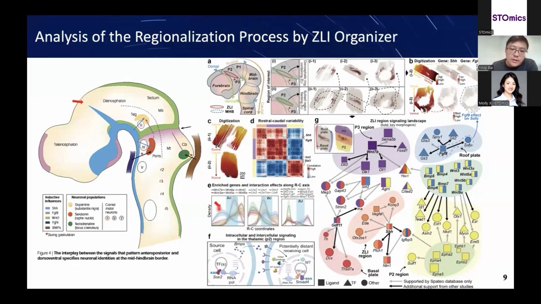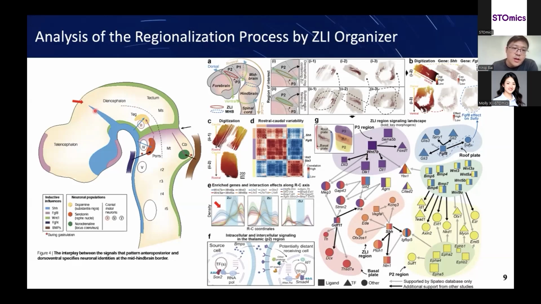So we use the cell-cell interaction to study Wnt7b and the downstream TFs and target genes that have interaction with Wnt7b. So this is the anterior-posterior analysis.